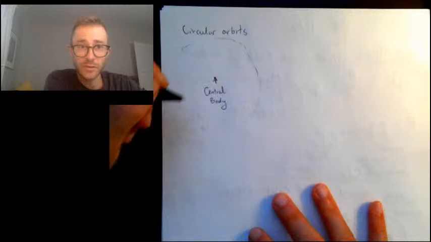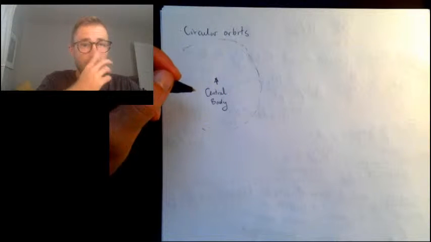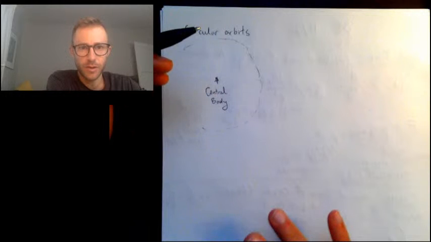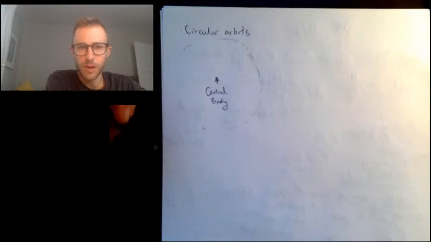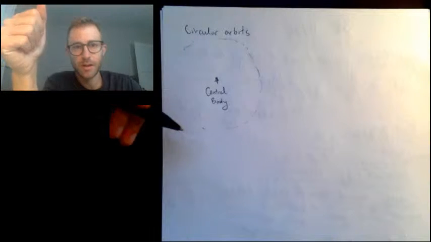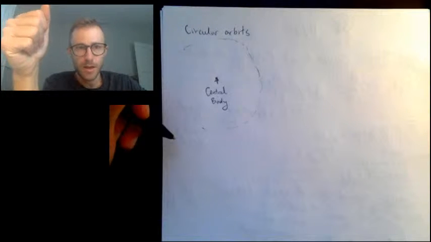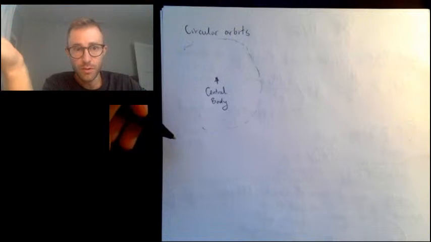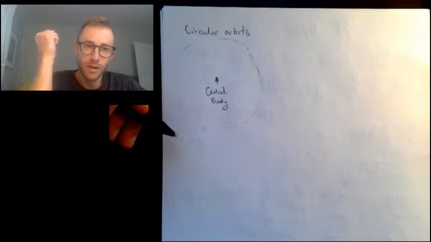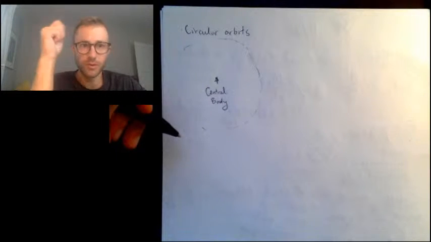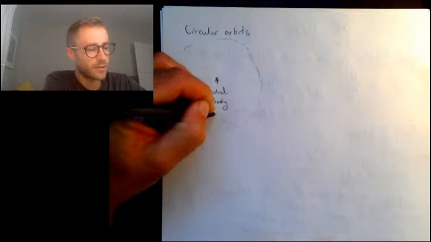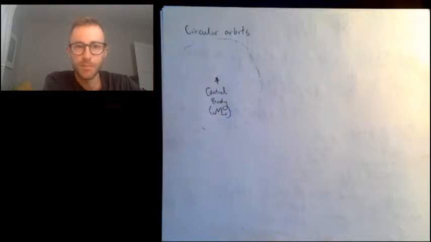I've drawn it as a star, but it doesn't necessarily have to be a star. It's just whatever the central body is. If we were talking about a planet orbiting the sun, the sun is the central body. If we were talking about a satellite orbiting the moon, then the moon is the central body. If we were talking about the moon orbiting the Earth, then the Earth is the central body. Whatever the central body is, it has a mass big M.